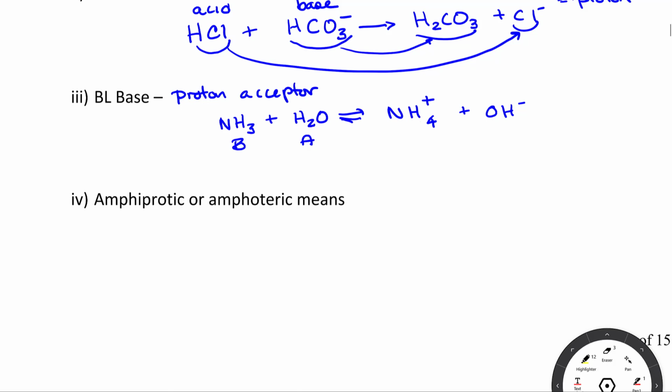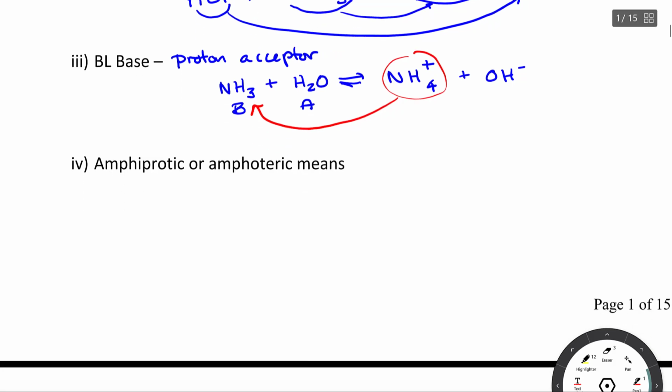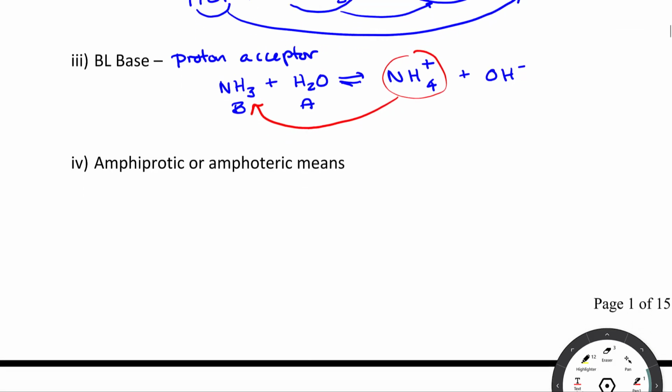So we can define acids and bases on the right-hand side for the return reaction going to the left. If you're looking at NH4 plus here, when it goes in this direction, it loses a proton. Now, it would be too confusing just to call it an acid, because it is the proton donor on the right-hand side. It's acting as an acid, so we call it the conjugate acid, to not confuse it with what's on the left-hand side.